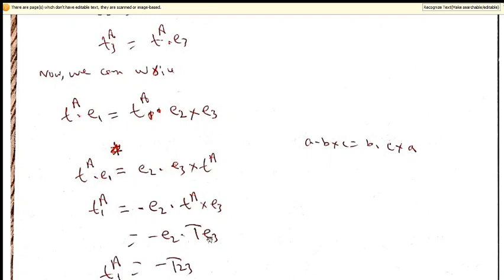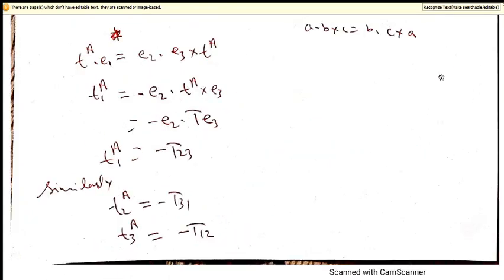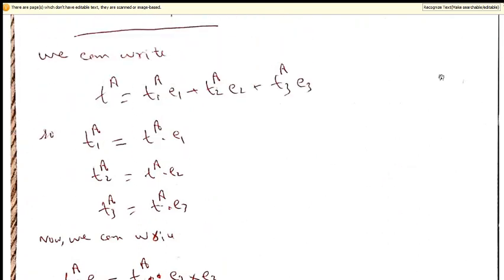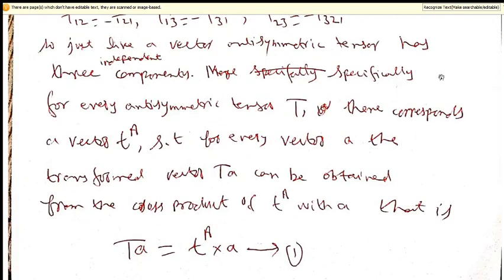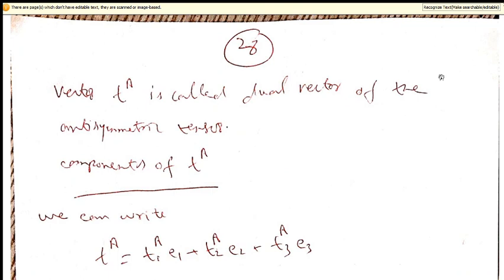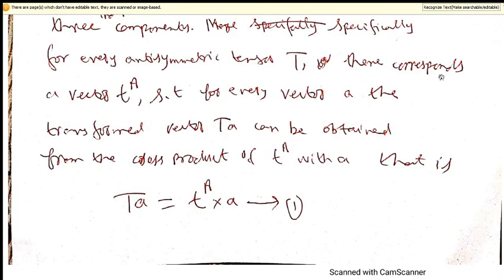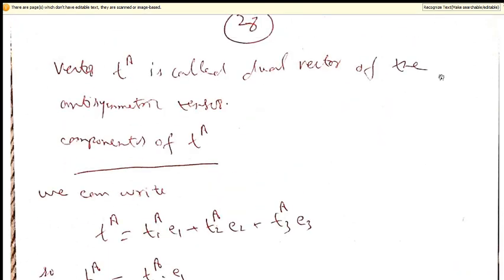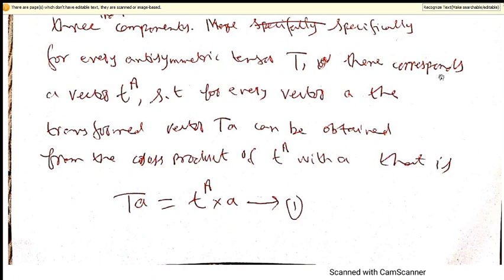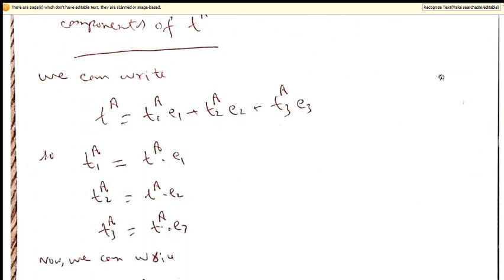We have used equation number 1. This is equation number 1: TA equals, if here it is E3, TE3 equals TA cross E3. E3 is a vector.